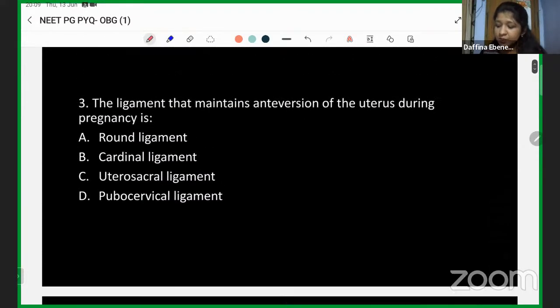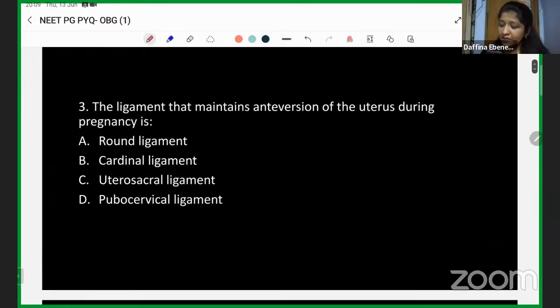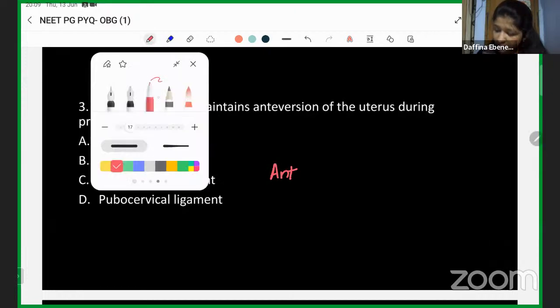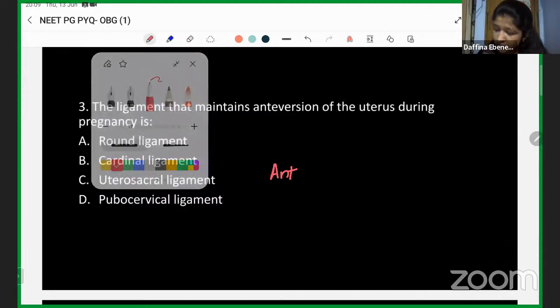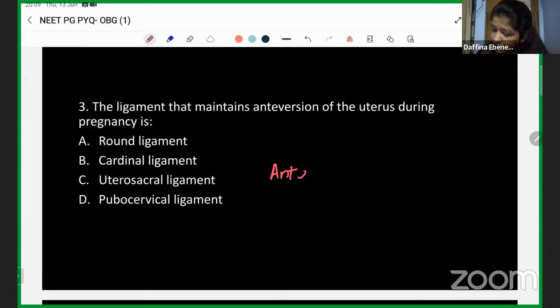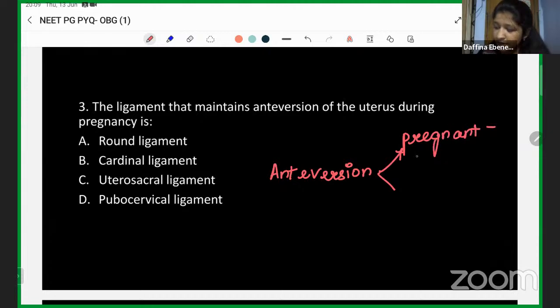Coming to the ligamentous supports that maintain the position, when coming to anteversion, in case of pregnant females, it is the round ligament that maintains the position of the uterus.